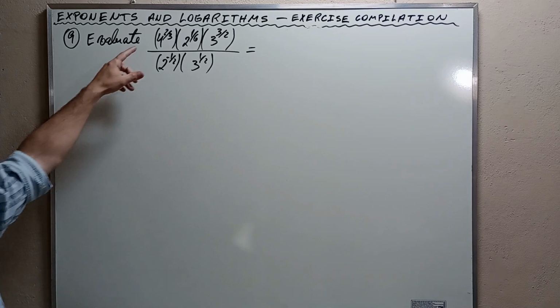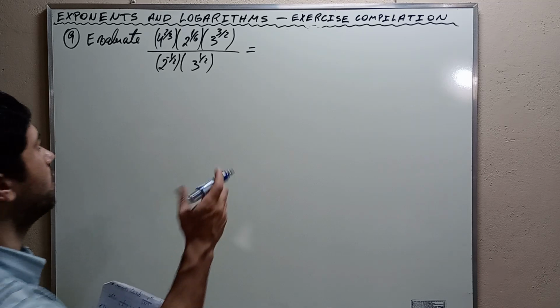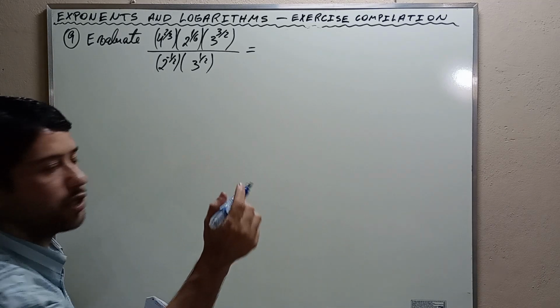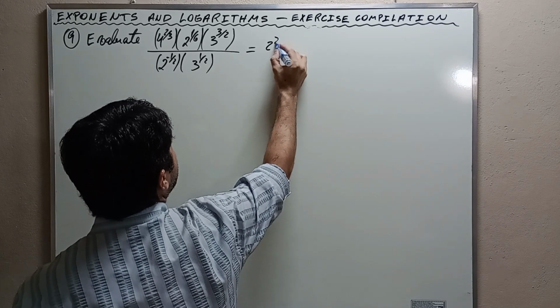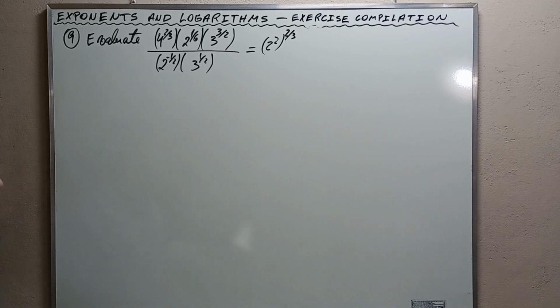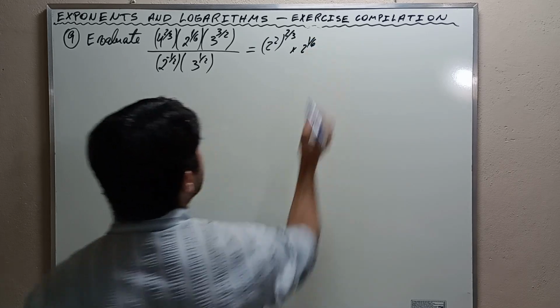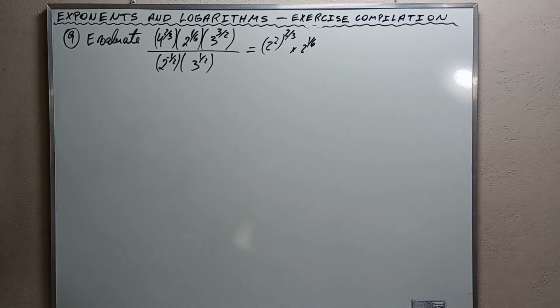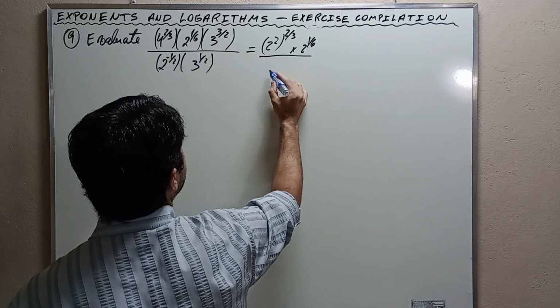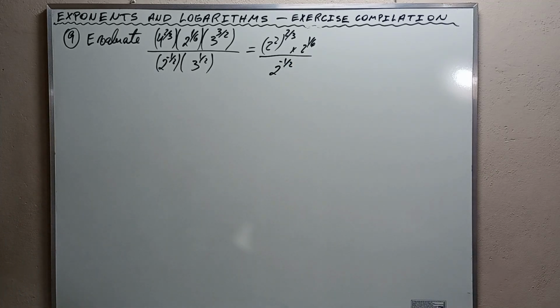Observe that 4 is 2 squared, and then if we convert it to 2, it becomes 2 squared raised to the power of 2/3 times 2 to the 1/6 divided by 2 to the negative a half.